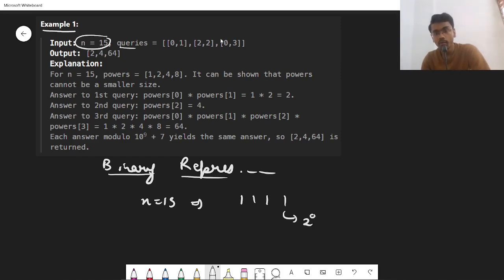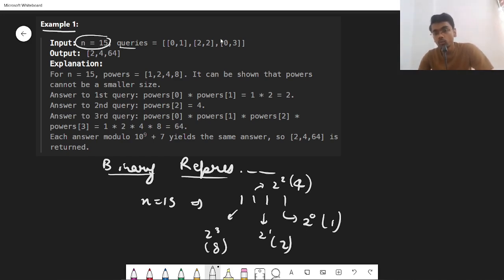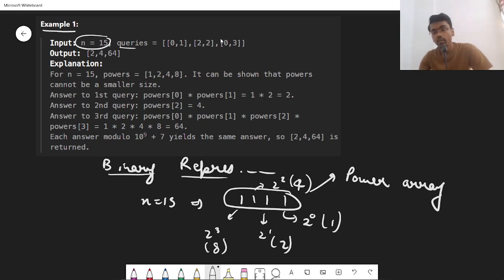This is 2 to the power 0, this is 2 to the power 1, this is 2 to the power 2 and this is 2 to the power 3, and these are nothing but the values 1, 2, 4 and 8. So can you understand one thing here? The binary representation is in itself giving us the power array. It is as simple as that.